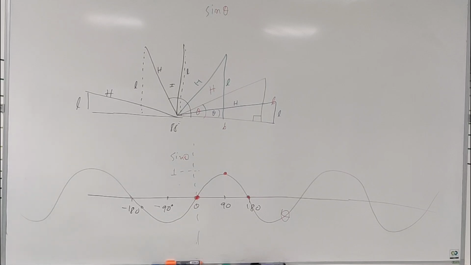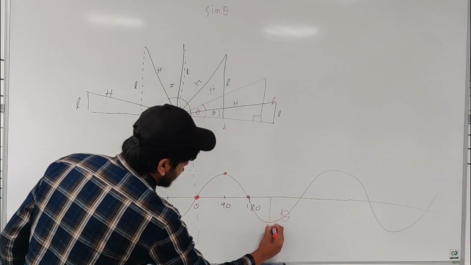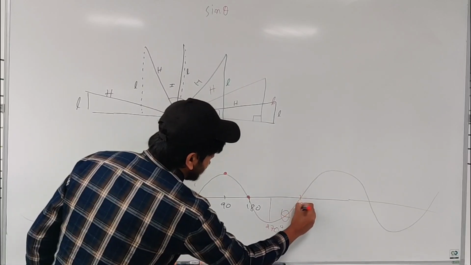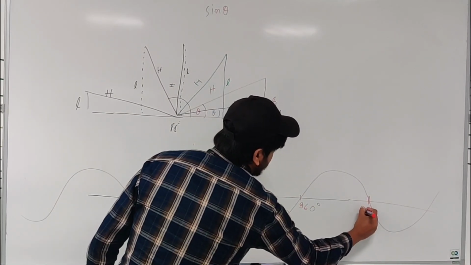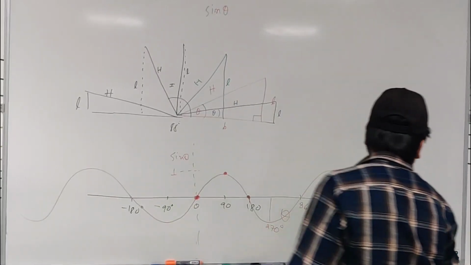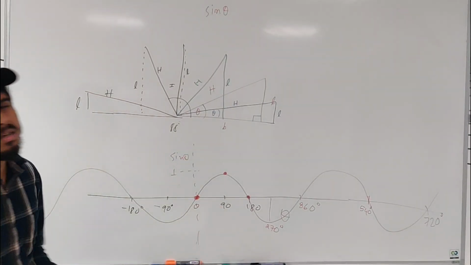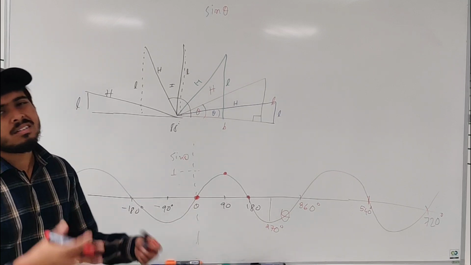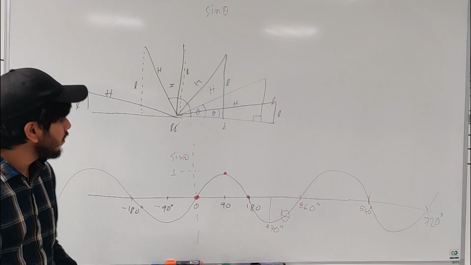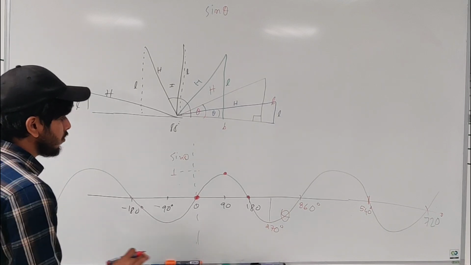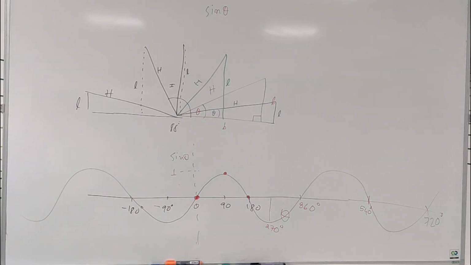So that is the curve of sine theta. This is going to be 270 degrees, this 360, this 540, this 720, like that. You don't have to remember first quadrant, second quadrant, where sine theta is positive, third quadrant where sine theta is negative. You don't need to remember any of those things. Just remember what the plot of sine theta looks like. Okay? Cool. We'll do cos theta now.